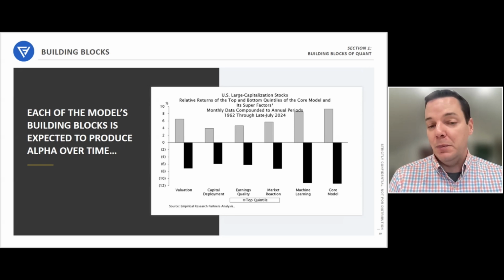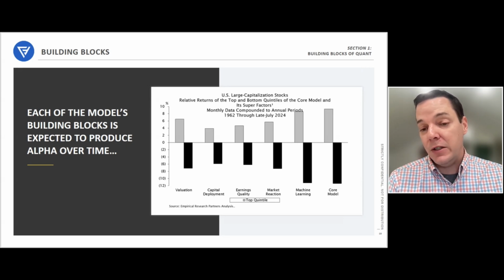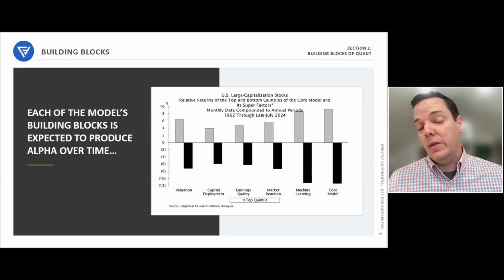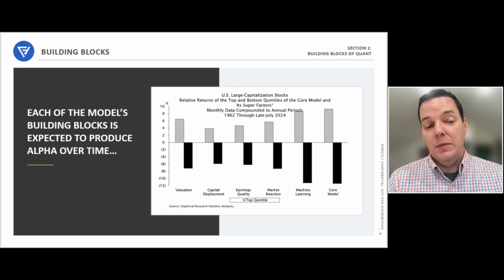We want to be able to pull the levers behind the scenes to take advantage of those situations where value is likely to outperform. Or we want to be in a situation where we ride the wave. When market reaction is doing really well, maybe we lean more into that factor. But at the end of the day, you want the sum to be worth more than the individual parts. And that goes down to the engineering in addition to that dynamic factor weighting.